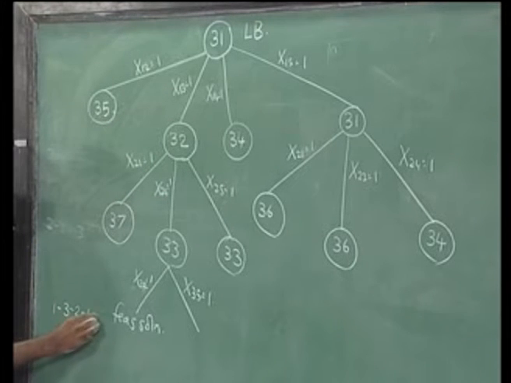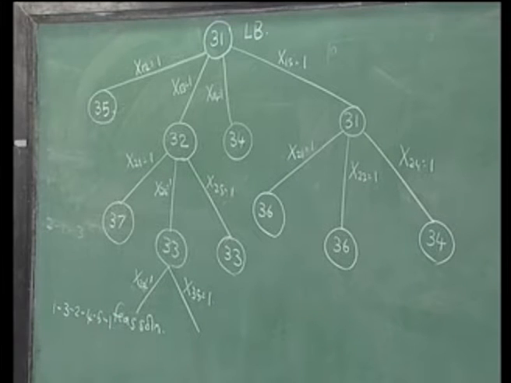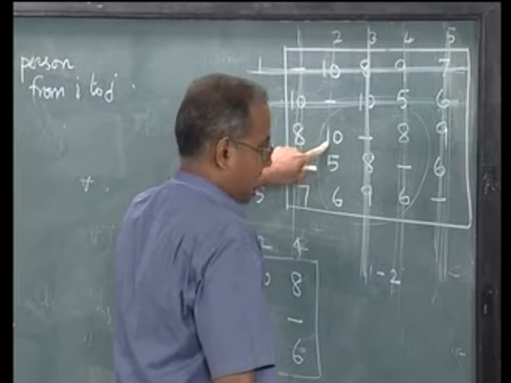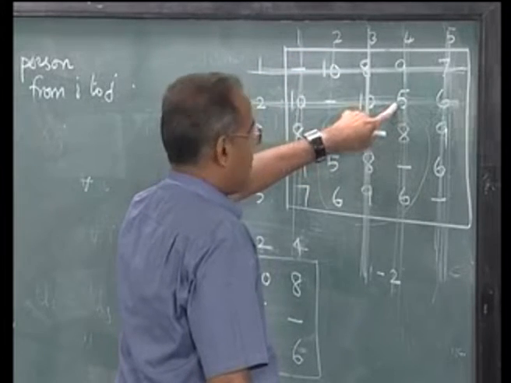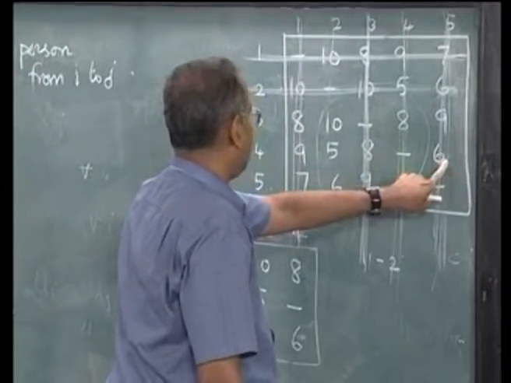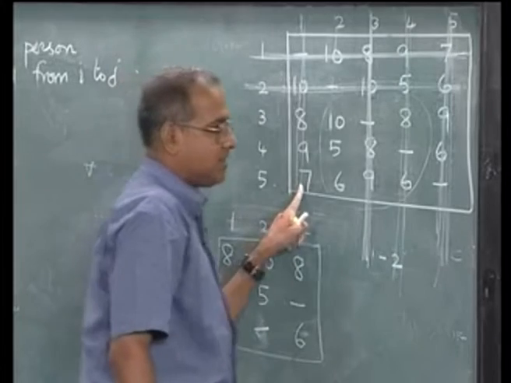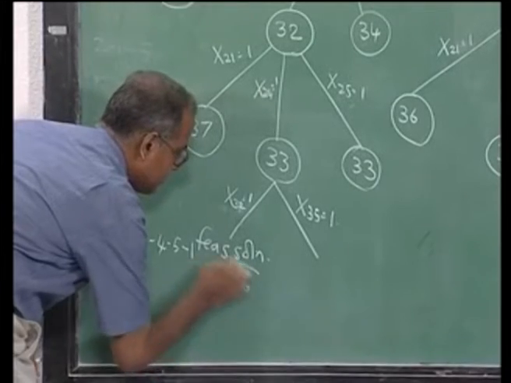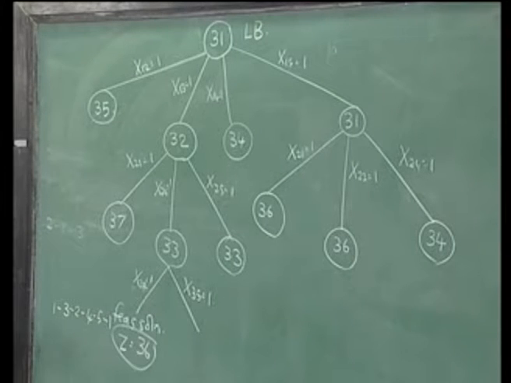So, automatically it has to be 4 to 5 and 5 to 1. So, 1 to 3 is 8, 3 to 2 18, 2 to 4 23, 4 to 5 29, 5 to 1 7 36. So, I have a feasible solution with z equal to 36 at this point.